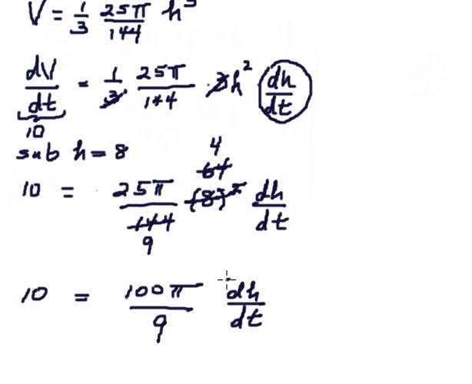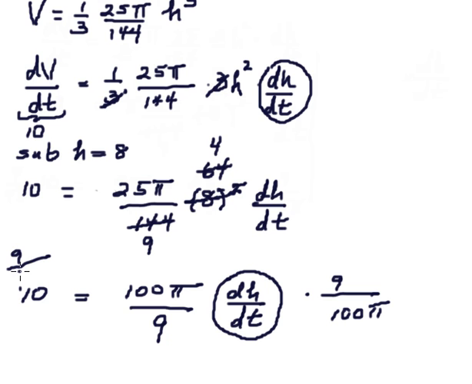And finally, we can solve for dh/dt by multiplying by the reciprocal of this fraction. So we'll multiply both sides by 9 over 100 pi. We're just multiplying by that factor.